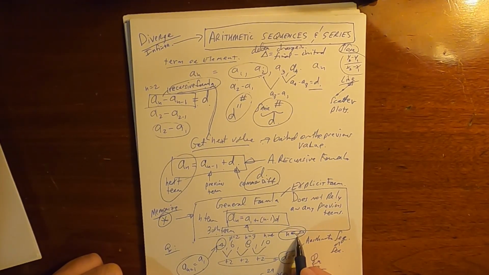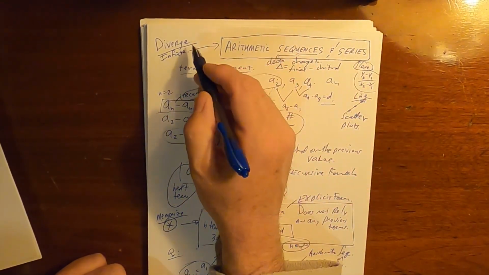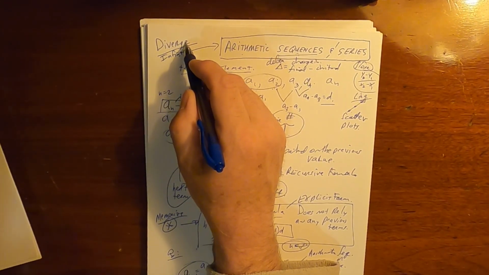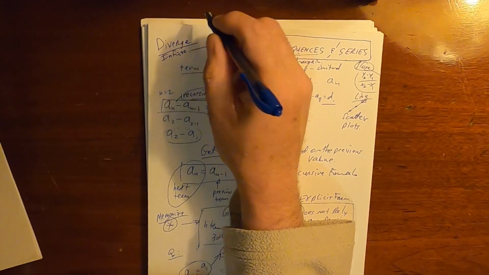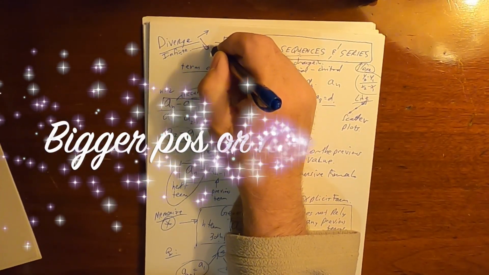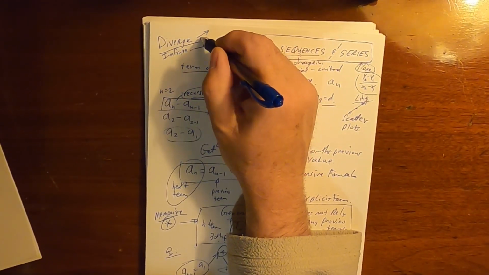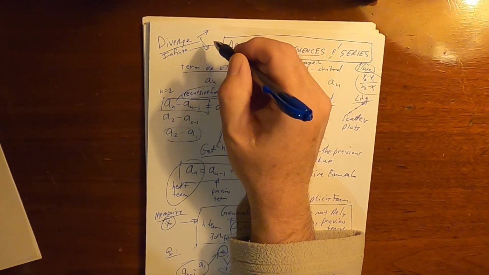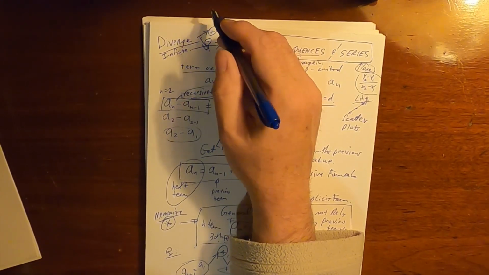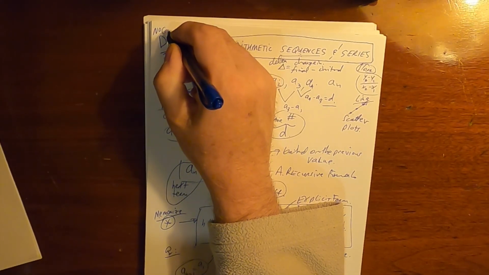Then we end up with an infinite arithmetic series or sequence. They diverge, meaning they don't converge on a value. They just keep going off bigger or smaller. So it would become more negative or more positive. It wouldn't converge on a value. So, no convergence on any number.